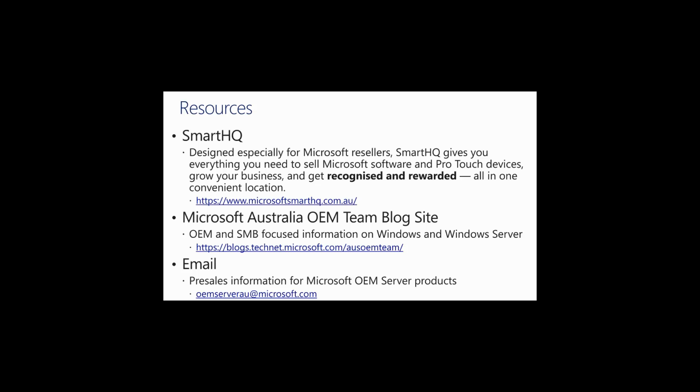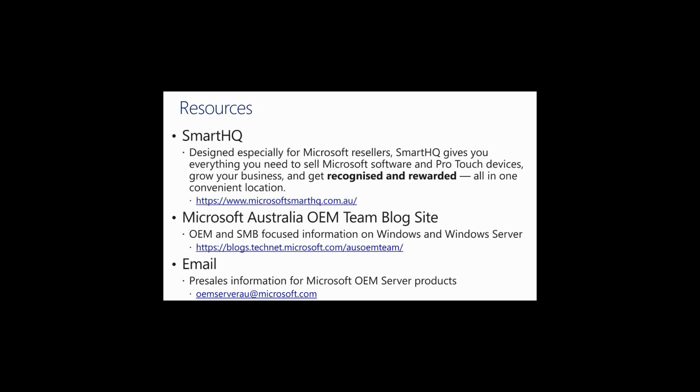If you're more technically minded, keep an eye on the Australian OEM team blog site where on a pretty regular basis I'm putting new posts up. If you're trying to find out what's new in Windows Server 2016 Standard Edition, then go there. As I mentioned, there's an 11-part article series that I've put up there that covers that.